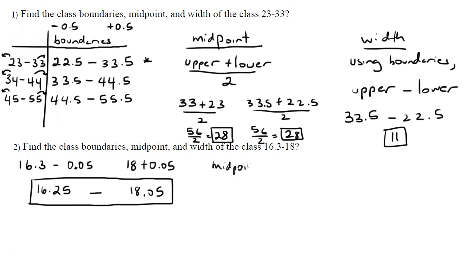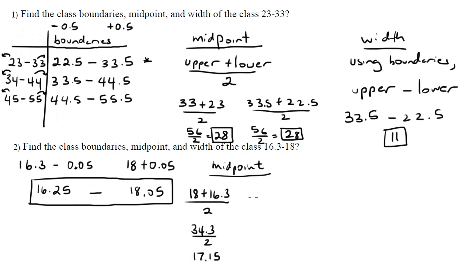For the midpoint, I will calculate that the exact same way, upper plus lower divided by 2. I can use either the class boundaries or the class limits. Let's show both. 18 plus 16.3 divided by 2. It's 34.3 divided by 2. That's 17.15.